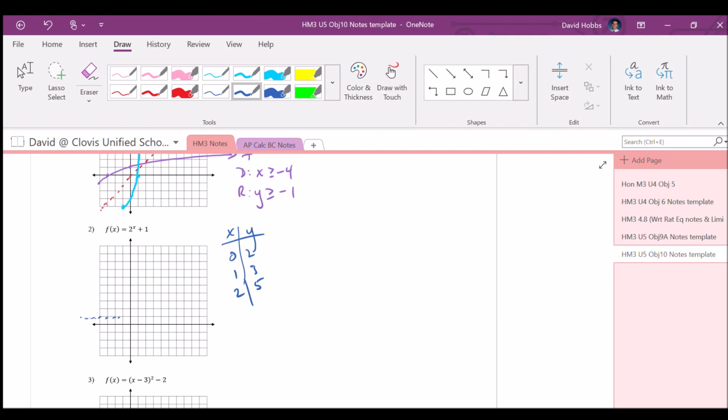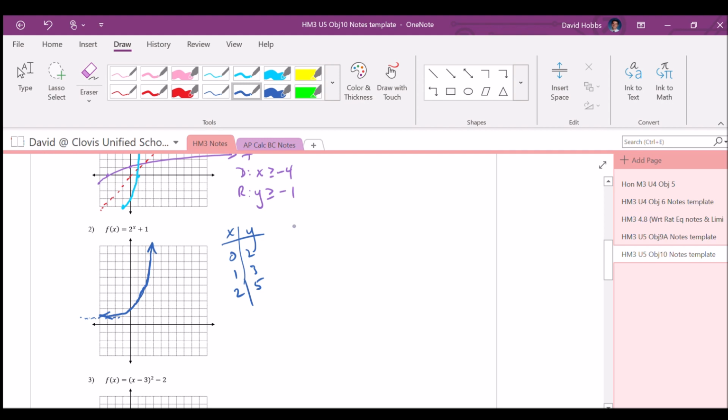Okay, so let's see, 0, 2, 1, 3, 2, 5, and we should know the basic shape of this graph. I'm not drawing it very well.